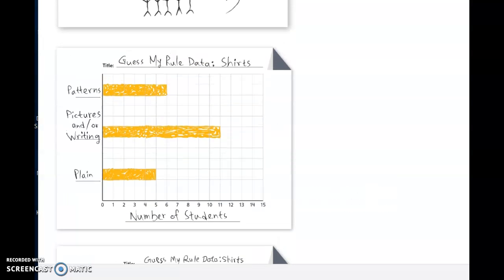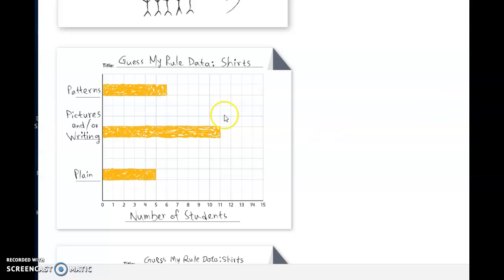Here we can see the first bar graph is a horizontal bar graph. And we can clearly see that our student has taken his representation and transferred it over. So let's look at how many different types of shirts are represented. How many categories did we have? We had 3.